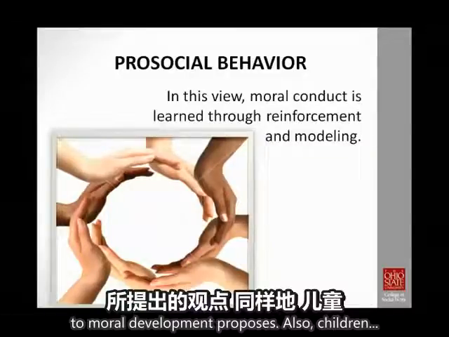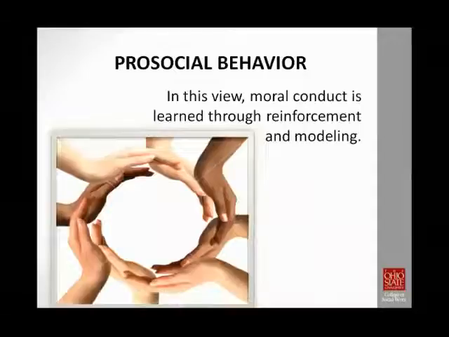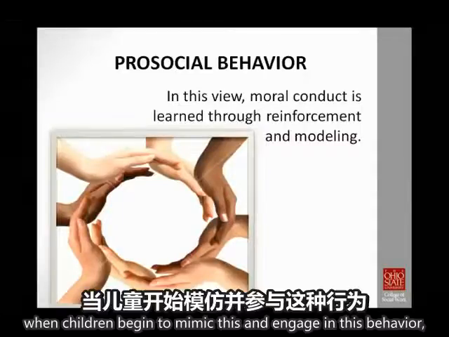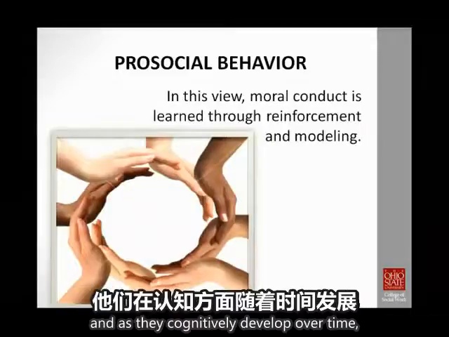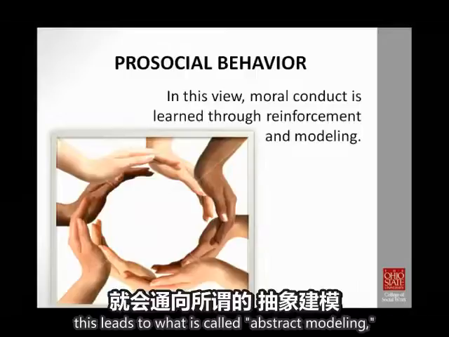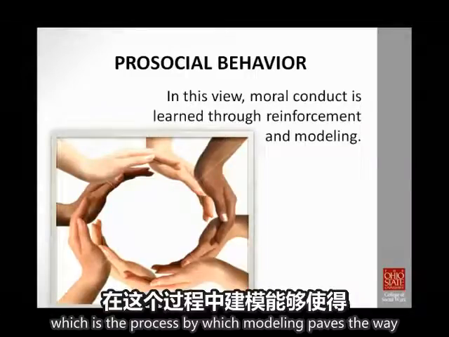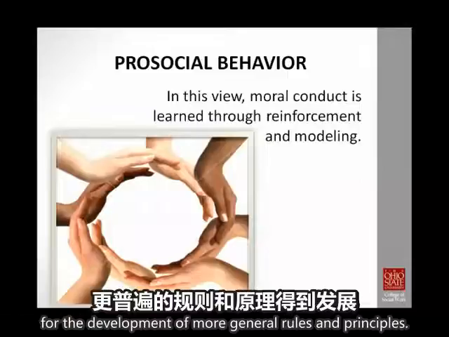Also, when children begin to mimic this and engage in this behavior, and as they cognitively develop over time, this leads to what is called abstract modeling, which is the process by which modeling paves the way for the development of more general rules and principles.